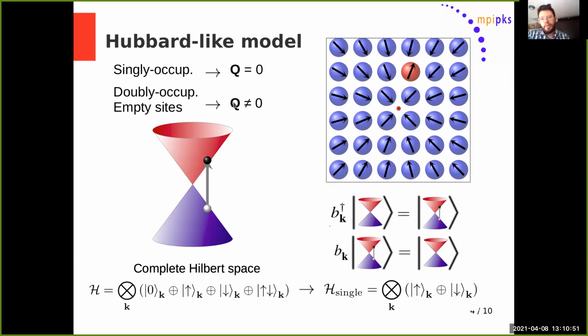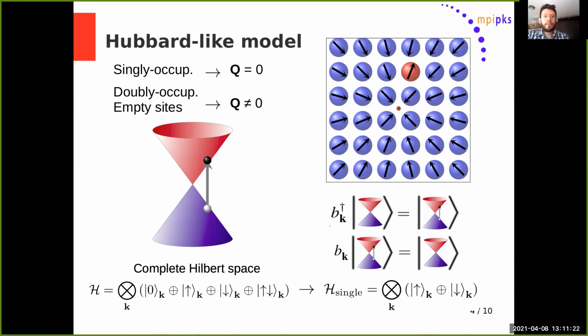And Q different to zero as doubly occupied or empty sites, because it would imply that the electron jumps from one momentum site to another momentum site. So it would leave a hole and a doubly occupied site, with an electron that is in the valence band and the other one which is excited in the conduction band. So we focus only on singly occupied states, so Q equals zero.